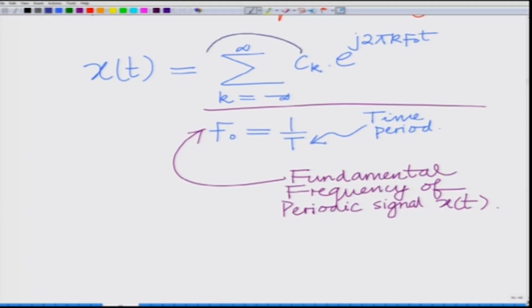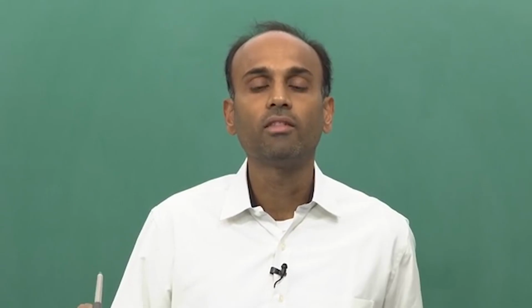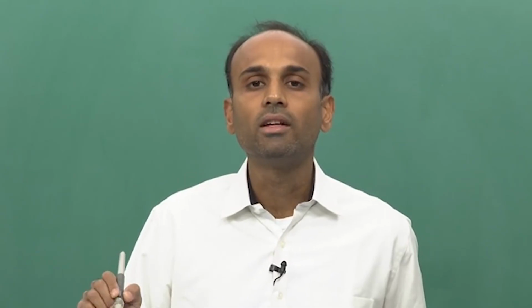This quantity c_k is the kth Fourier series coefficient of this periodic signal x(t).